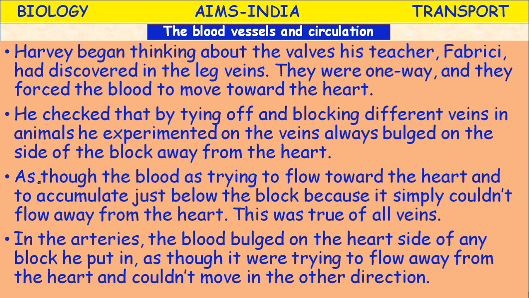This was true of all veins. Even in the arteries, the blood bulged on the heart side of any block he put in, as though it were trying to flow away from the heart and couldn't move in the other direction.